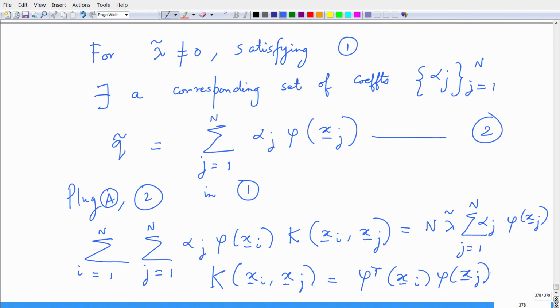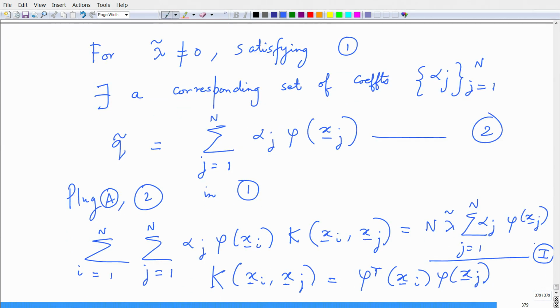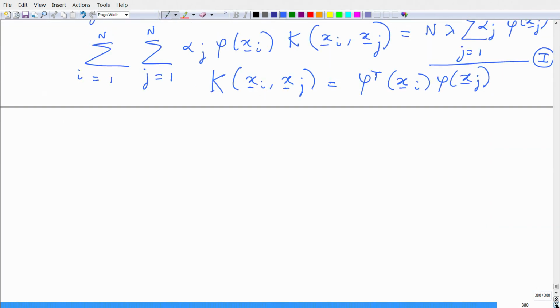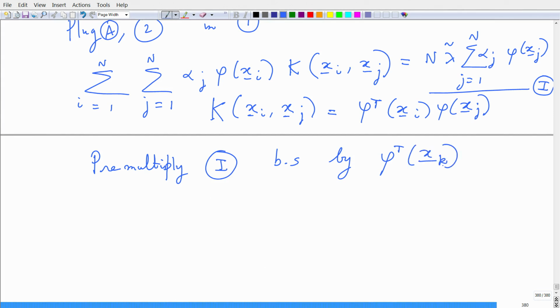Okay. So let me call this my equation capital 1. I have not used this symbol before. Now pre-multiply this equation 1 on both sides by phi transposed xk.